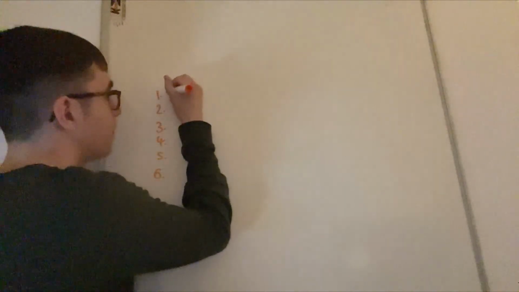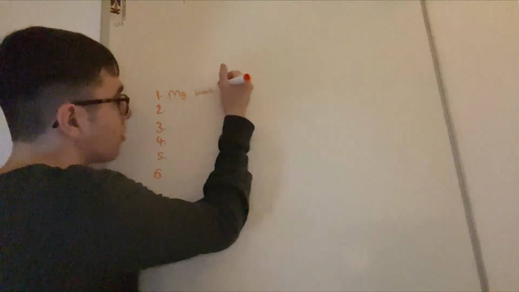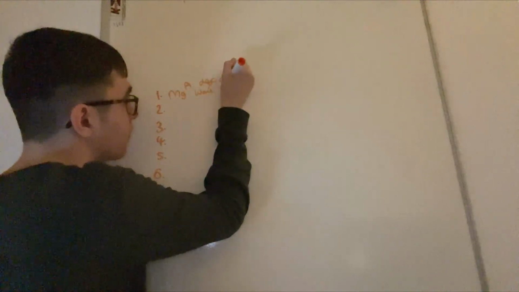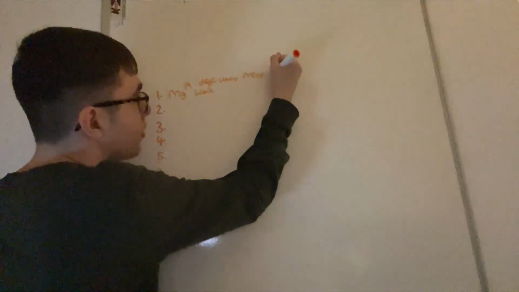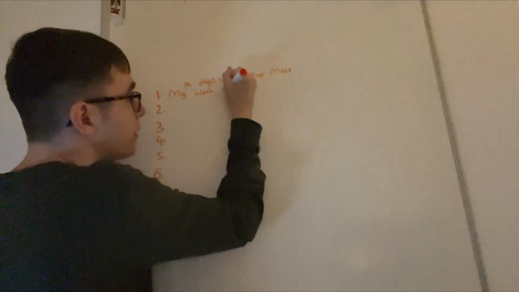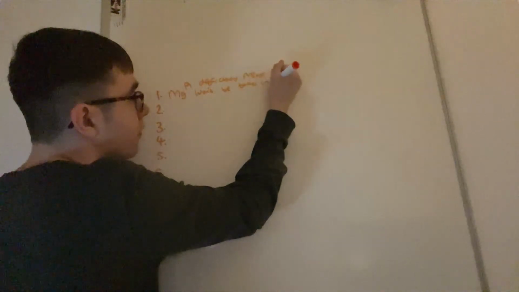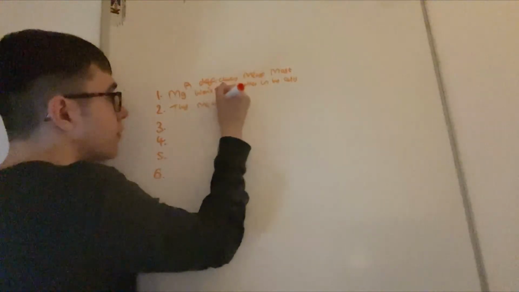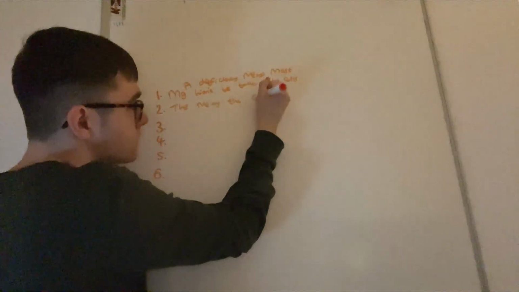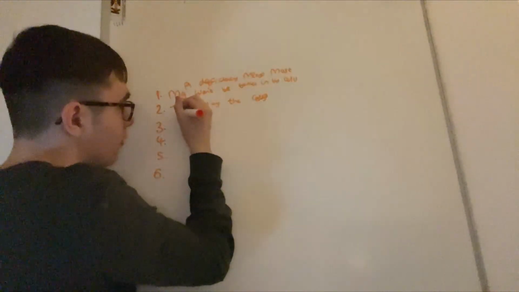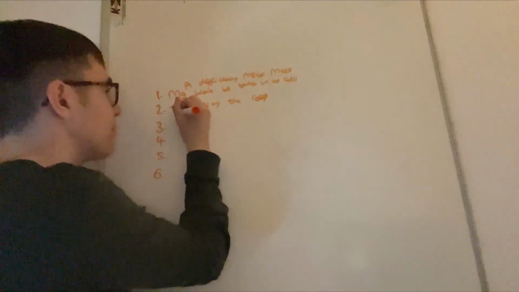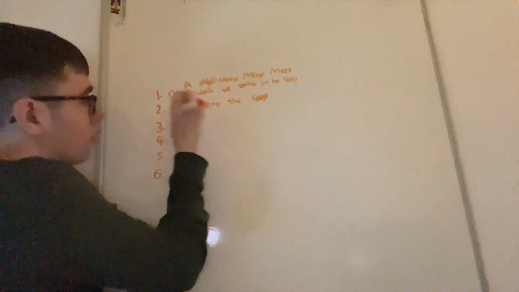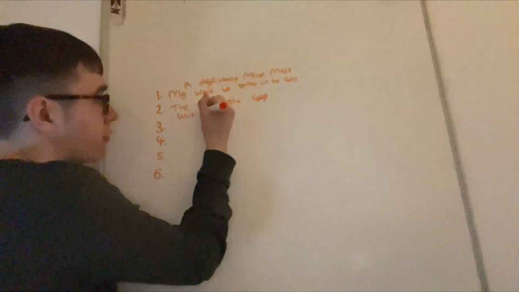So I guess first point, a deficiency means most magnesium won't be taken in by cells. This means the cell's growth will be limited. This means the cells will not have all the necessary ions.